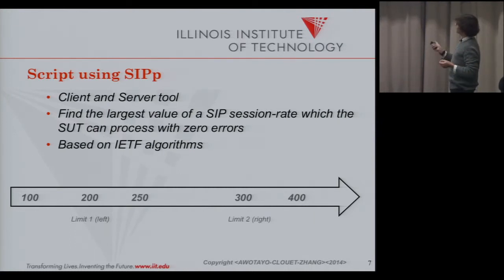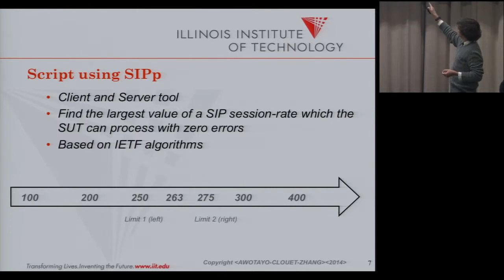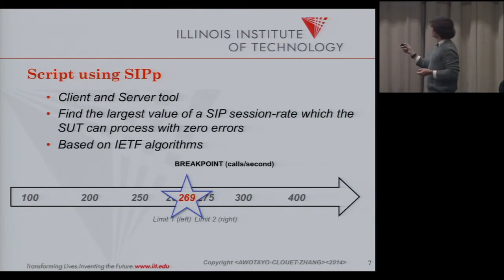I'm going fast on this one. There is a failure at 300, so we decrease the call rate to 250. No failure at 250, so we increase to 275. Failure at 275, so we go to 263. And in the end, we find a breaking point of 269 calls per second.